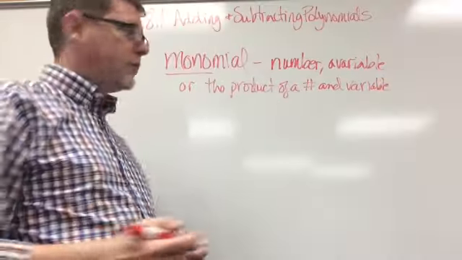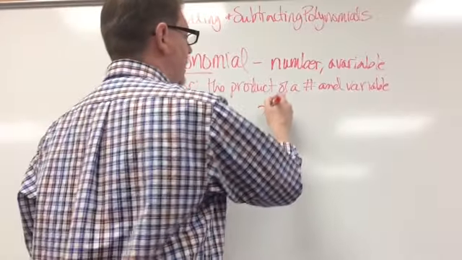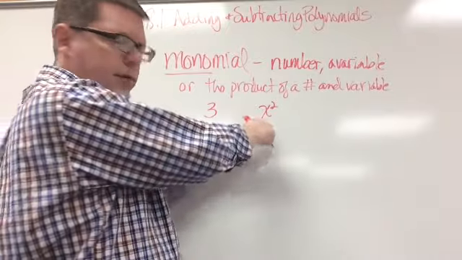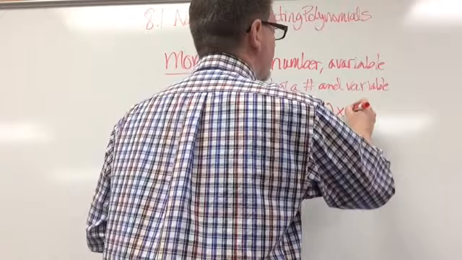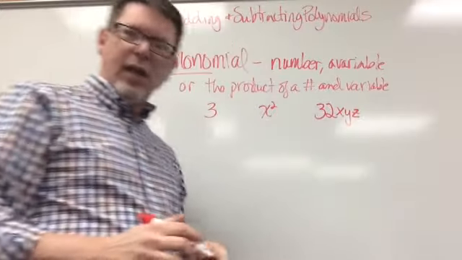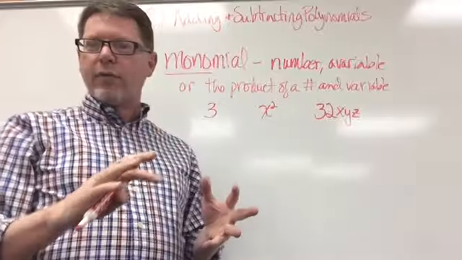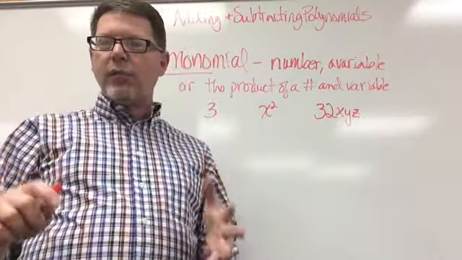So for example, a monomial could be 3, or a monomial could be x squared, because that's a number or a variable, but it also could be 32xyz, because that's a product of a number and variables. Okay? So each one of those is a monomial.